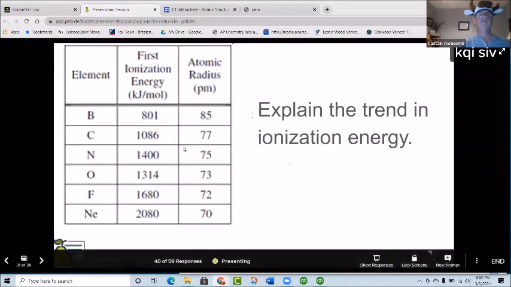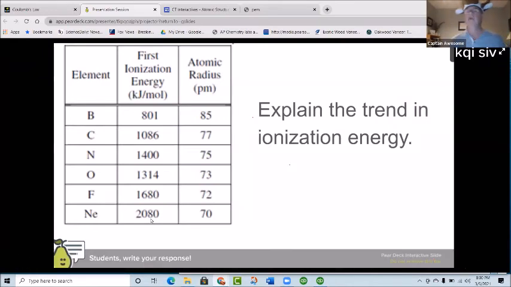So why does the trend increase in general? From boron to neon, why does the first ionization energy increase? Because as you go from just a few protons to a greater number of protons, you're getting more and more pull on the electrons. The more and more pull on the electrons means they're going to be harder and harder to remove.